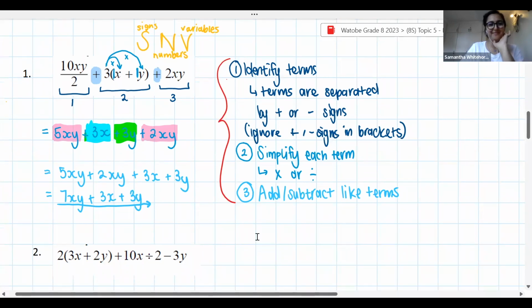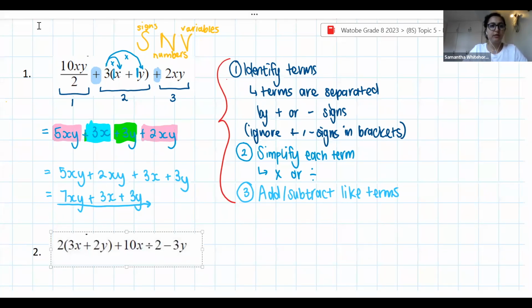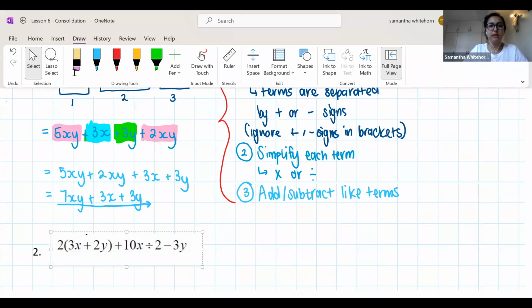Go, my pips. Alrighty, would anyone like to raise their hand to explain how they did question 2 here for us? Ooh, I'm panicking. Sorry, I do see hands. I'm just having a bit of a moment where I'm panicking of what's actually going on my screen.